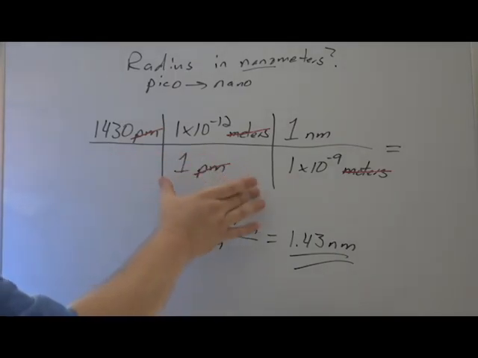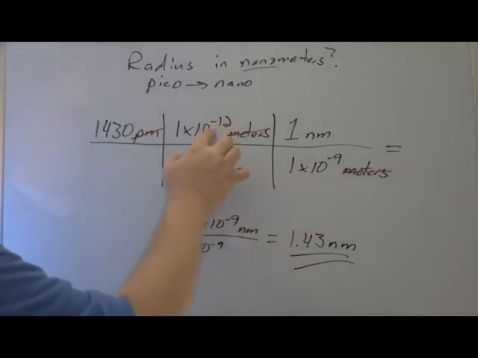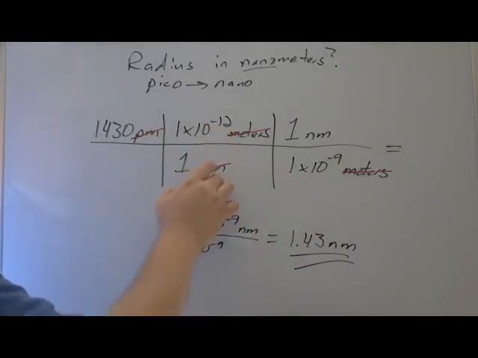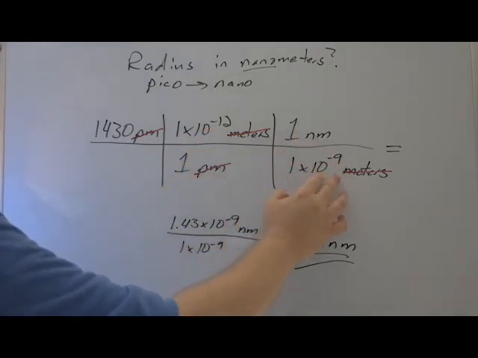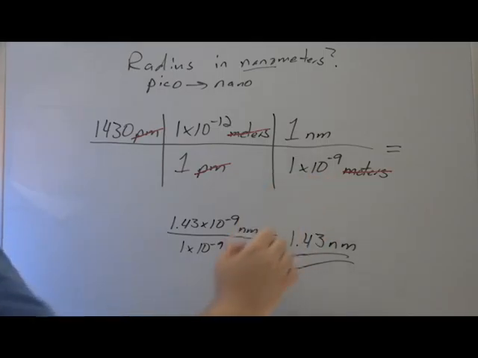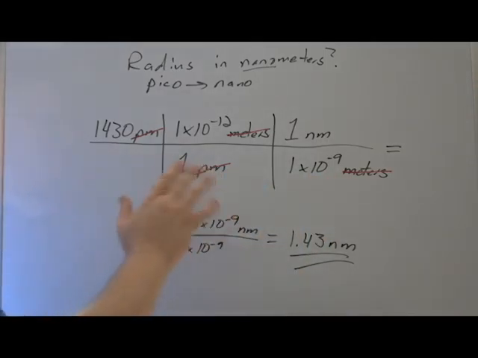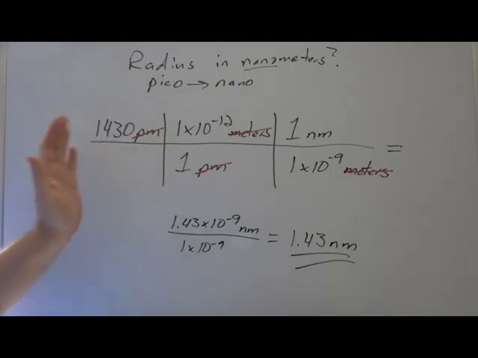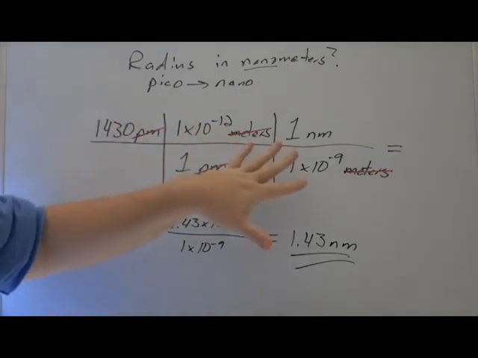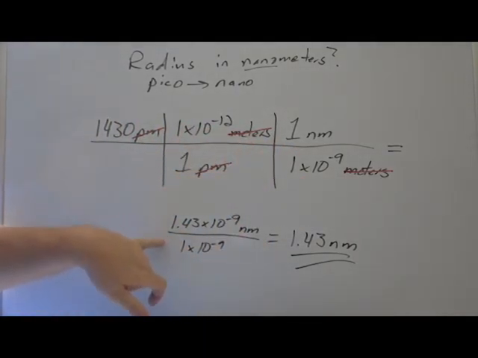Don't be scared to use your tables at first to remember that 1 picometer is 10 to the minus 12 meters, and 1 nanometer is 10 to the minus 9 meters. Please use your tables until you learn. And once you start doing a lot of these problems, this will become second nature, and you'll realize what's going on a little bit faster as you start seeing the trends, especially with the math, where it's easy to see that if I divide this by this, it's going to cancel that out.